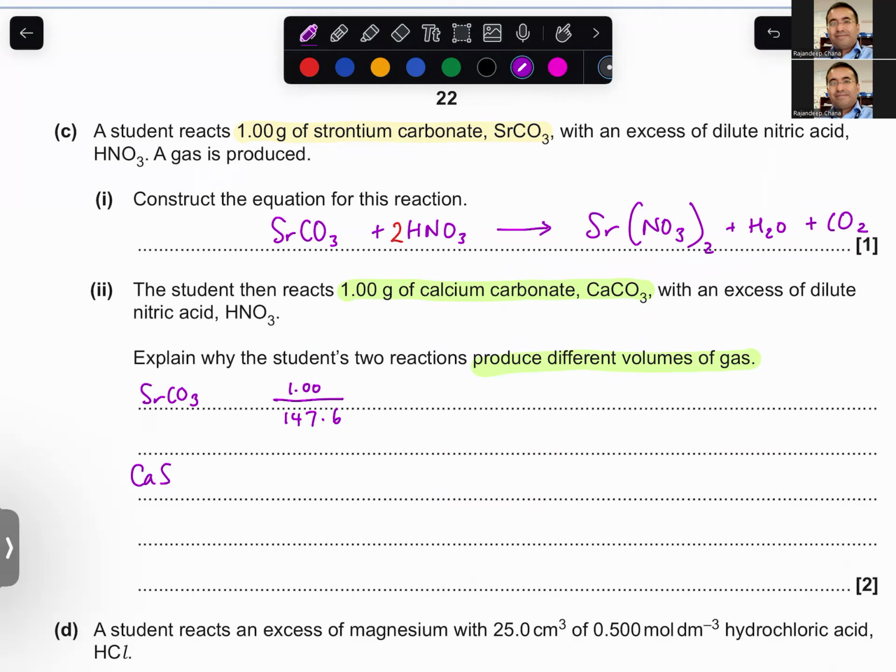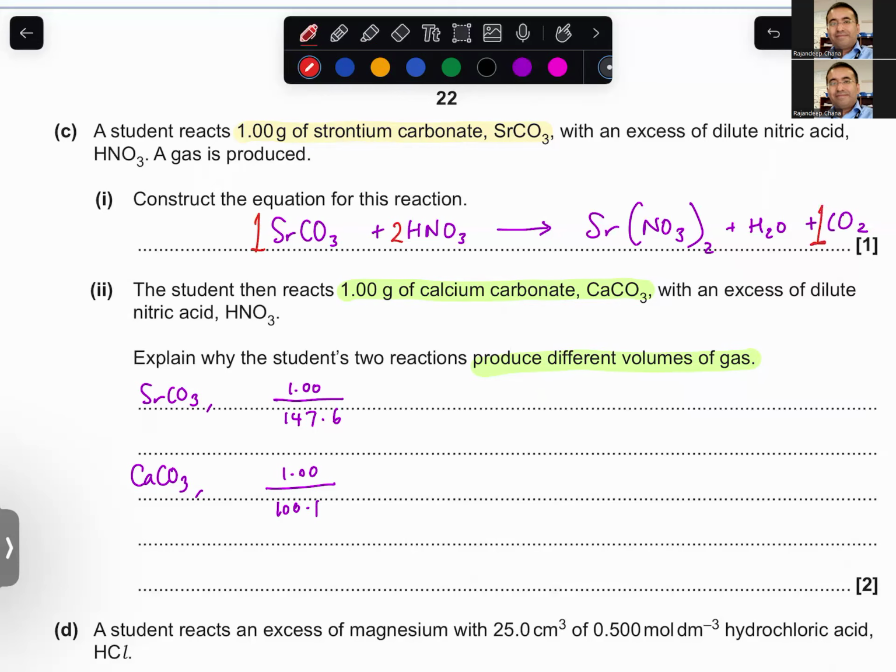And calcium carbonate, 1.00 divided by 40.1. You can see this would give you the moles of the carbonate, and it's a 1-to-1 ratio with the amount of carbon dioxide produced.